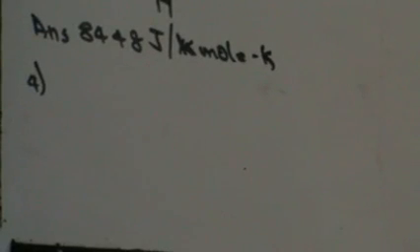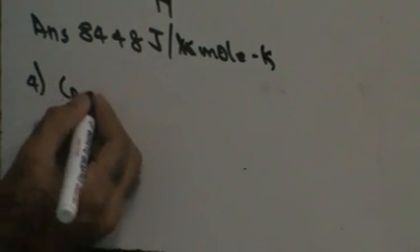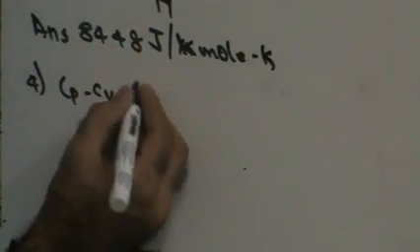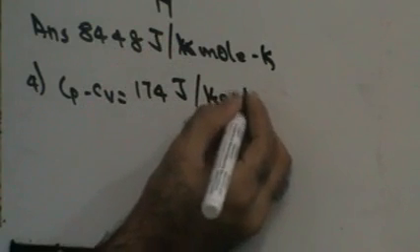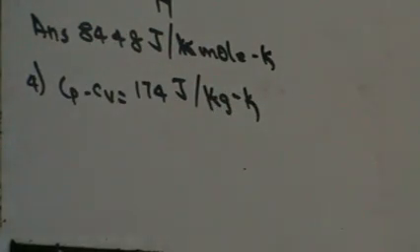For a given gas, the difference between principal specific heat is 174 joules per kg Kelvin.